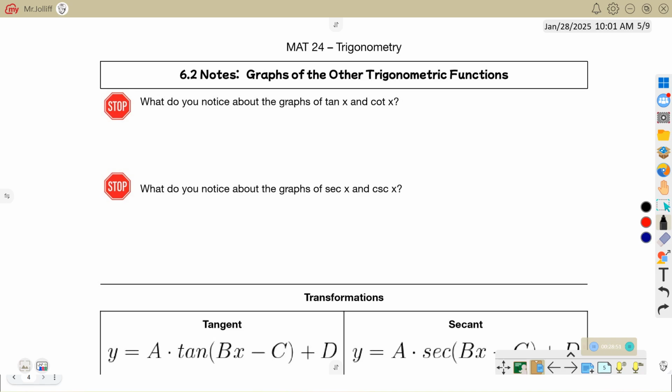Andres, what did your team come up with for tan and cotangent? Give me one thing. So similar: range, amplitude, period. Good. Diana, what did your table come up with for tan and cotangent?